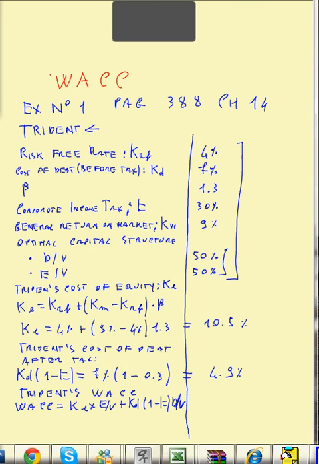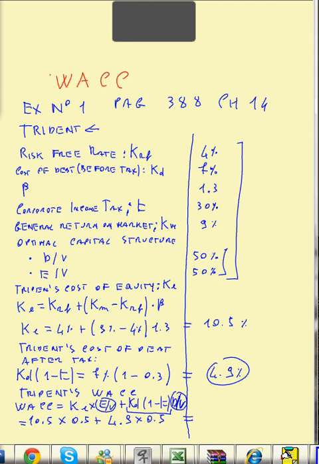So it's equal to the cost of equity, 10.5, times this ratio, which is 0.5, 50%, plus the cost of debt after tax, 4.9, times the ratio between debt and the value, which is 0.5, so 50%. This operation is equal to 7.7%.